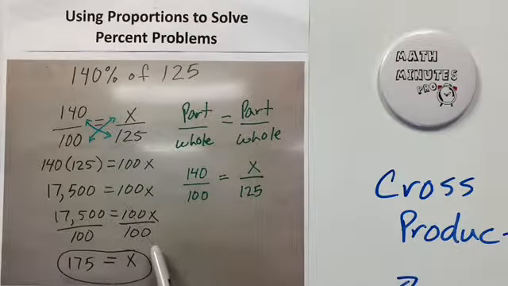So the 100s cross out. 100 divided by 100 is 1. Go back to the left, 17,500 divided by 100 is 175. Bring down the equal sign and then bring down the X. So we've successfully solved a percent problem using proportions and the cross product as a strategy.